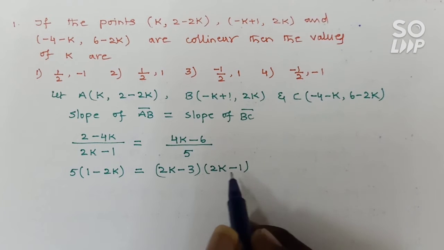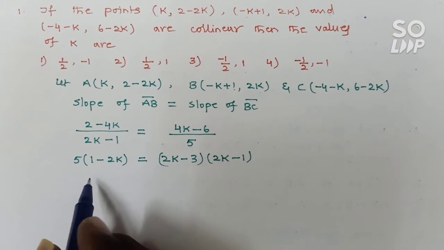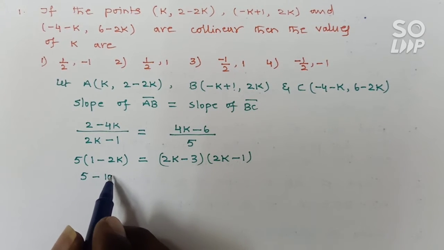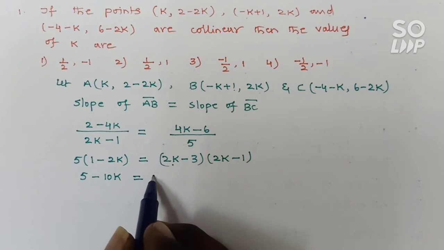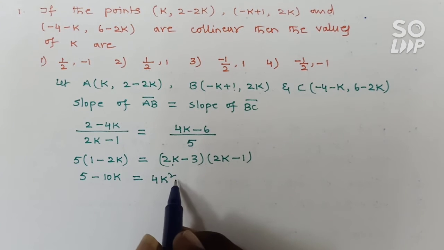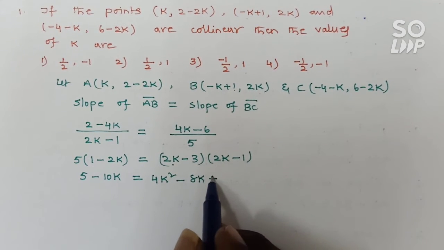This is the cross multiplication. Now you simplify: 5 minus 10k equals 4k square minus 2k minus 6k, which is minus 8k, plus 3.